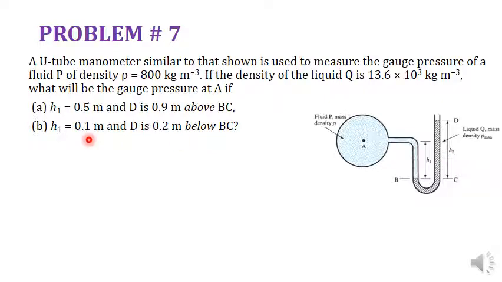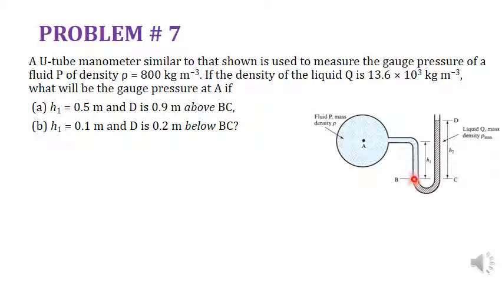The second case is where H1 is equal to 0.1 meter and D is 0.2 meter below the BC. So your point D will come down, which means a negative pressure should be developed. Your H1 is very small, so the B point will rise up. In the first case H1 is 0.5 meter, and in the second case H1 is 0.1, a very small value.